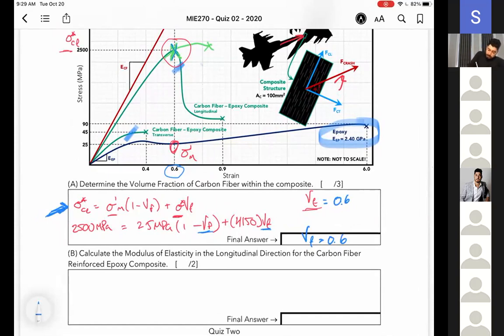The modulus of elasticity for the composite in the longitudinal direction is equal to EF VF plus EM VM. We can also say that's equal to EF VF plus EM times 1 minus VF. Are we good?